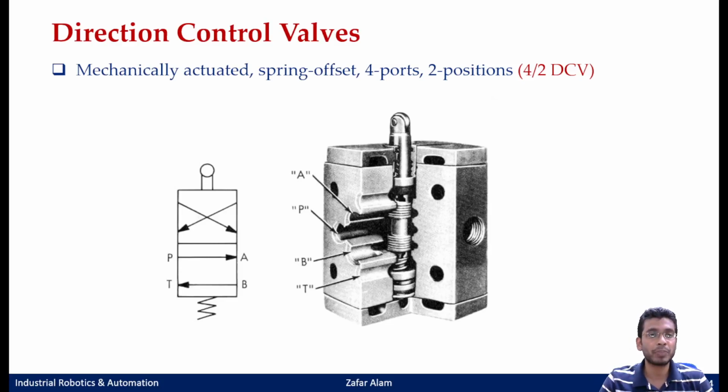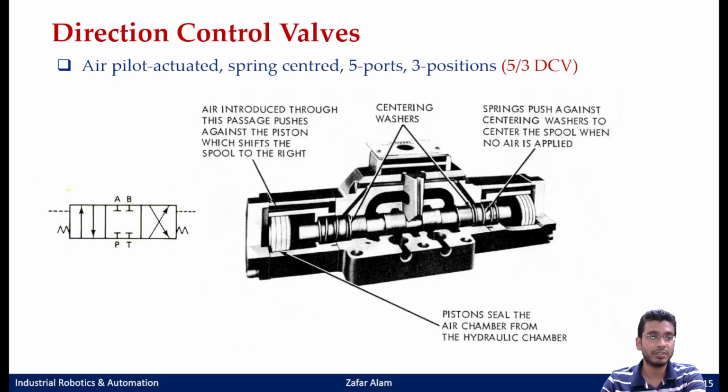So this is mechanically actuated. Most of these mechanically actuated valves are used, as I told you, as limit switches to detect positions, and sometimes as a counter mechanism. So these are your examples of a mechanically actuated spring offset 4/2 DCV.